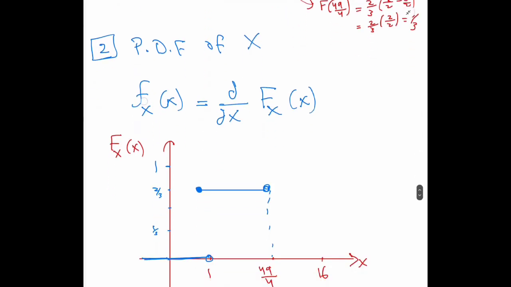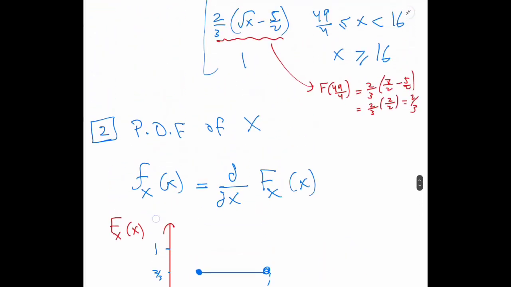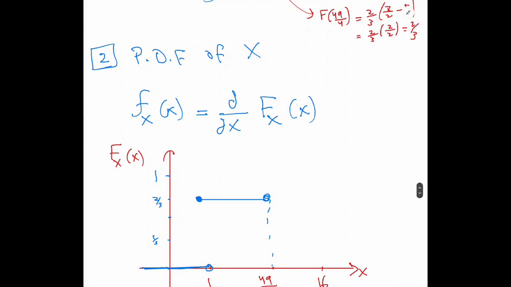So at 49/4 the value is 2/3, so this is closed. So there's continuity here.